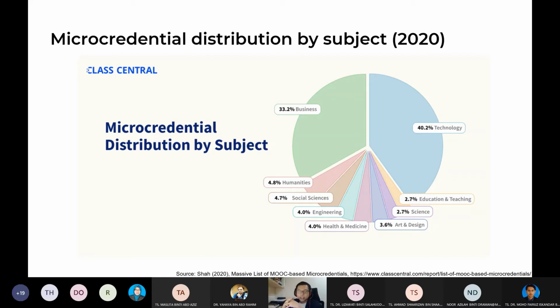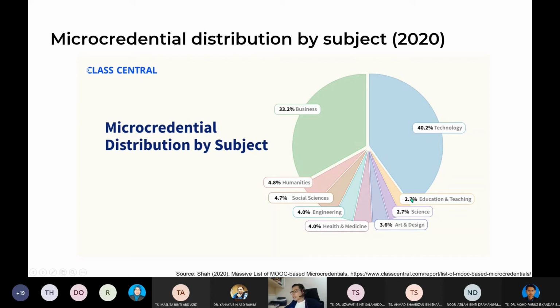I think reskilling and upskilling involve more around technology. The next one is business, maybe because of things like leadership courses and management courses. So business takes second place. The rest are all more or less the same.